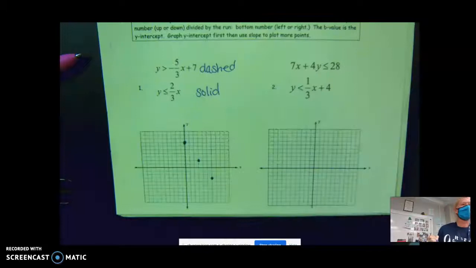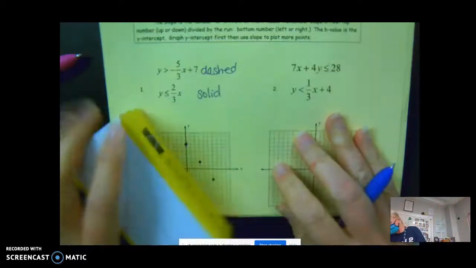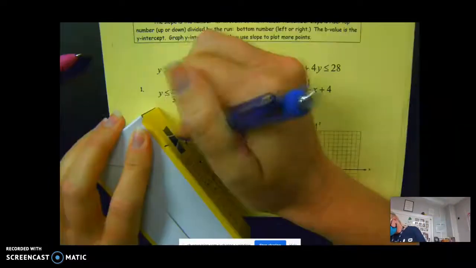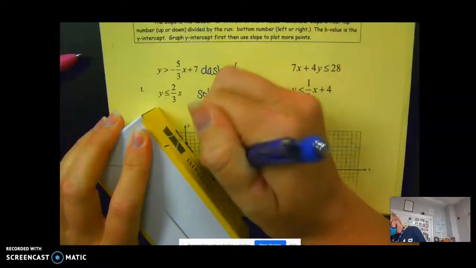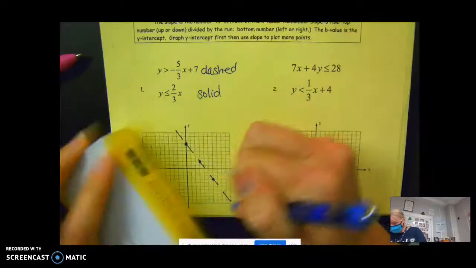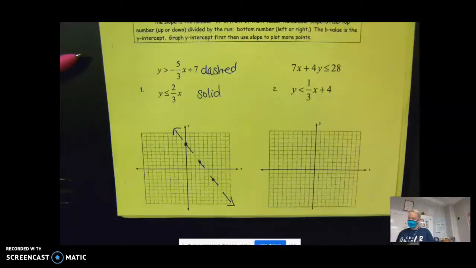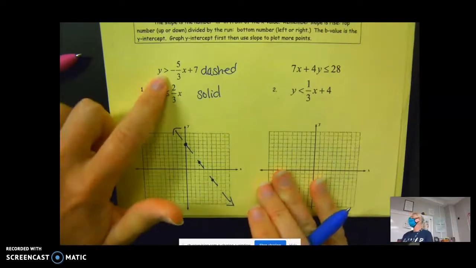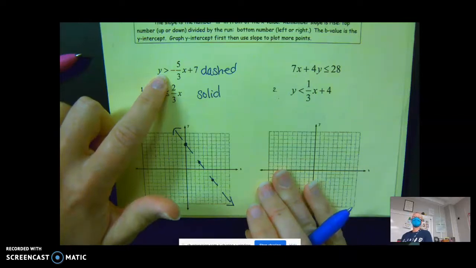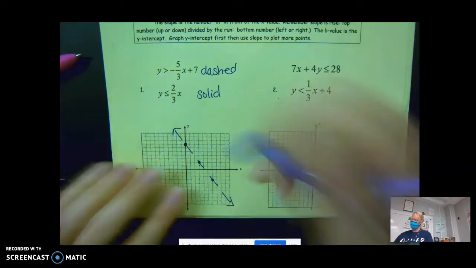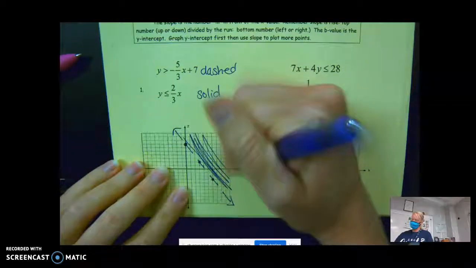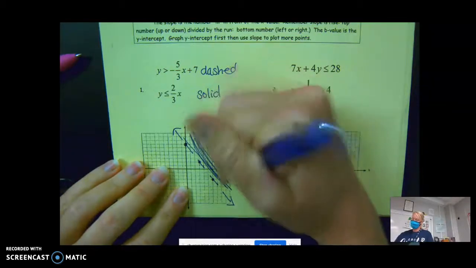Okay, I got to remember, when I draw this line, it's not a solid line, it's a dashed line. It's a greater than symbol, so do I want above or below? Above. Above would be right up here. Okay?